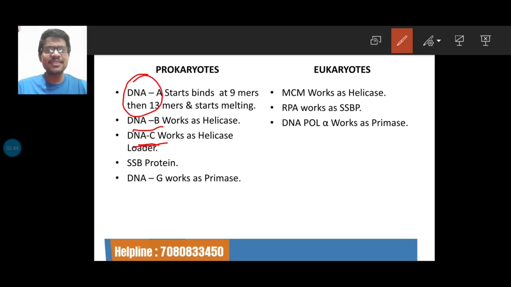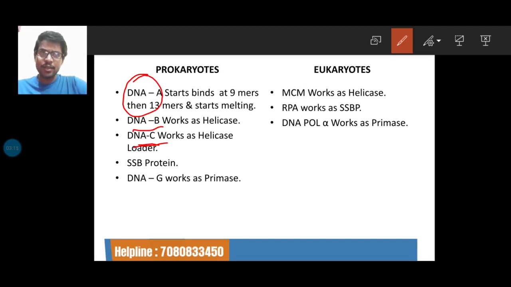Now next is SSB protein. After helicase has started the unwinding, the SSB proteins bind to the unwound DNA. In case of prokaryotes, the DnaG protein works as a primase and it synthesizes an RNA primer for initiation of DNA replication.